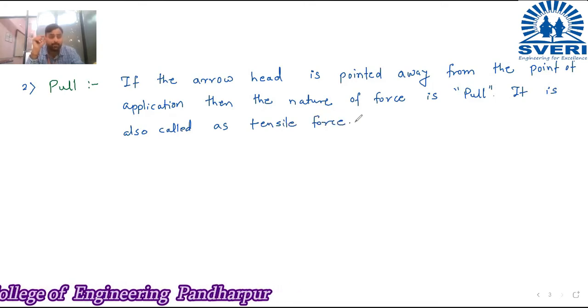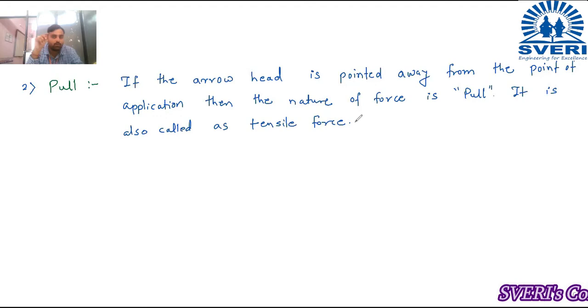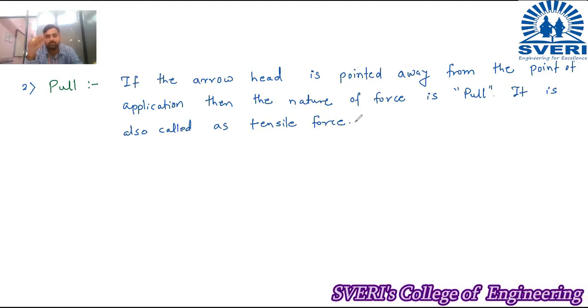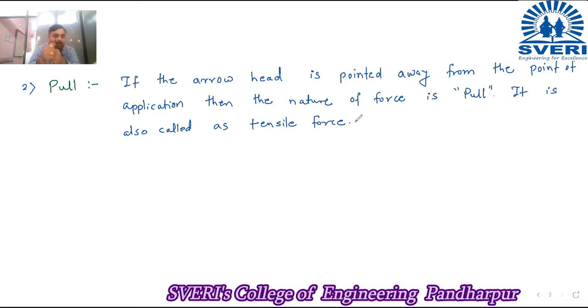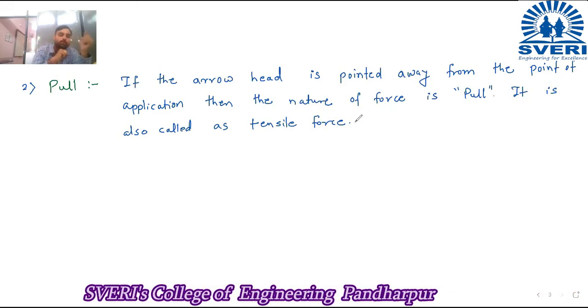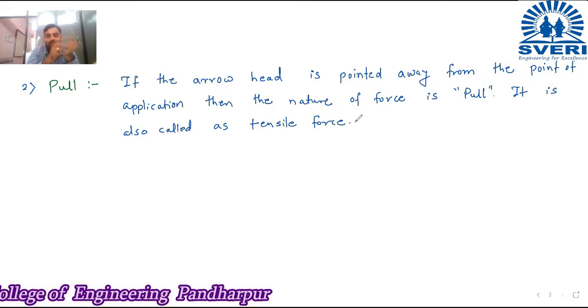The best example of pull or applying the tensile force is with the help of rope. Rope, म्हणजे काय? दोरी. Okay, rope. So you always see that by using the rope, समजा आपण रोप म्हणजे दोरी एखाद्या गोष्टीला बांधली तर आपण दोरी बांधून नेहमी ओढू शकतो. दोरी बांधून ढकलता येते का कधी? नाही. कधीच येत नाही.